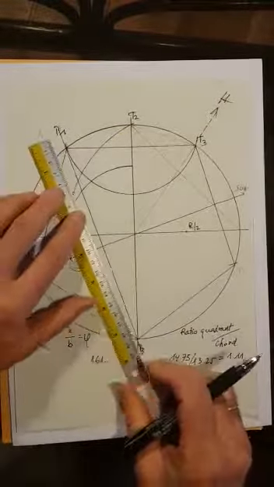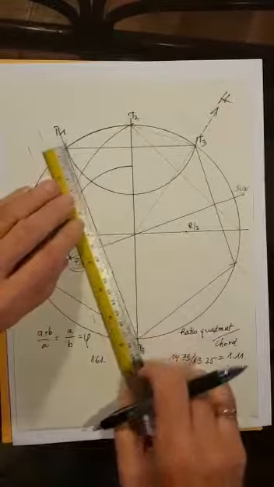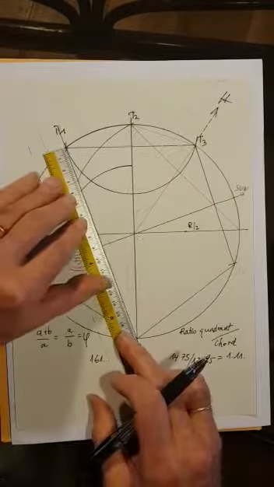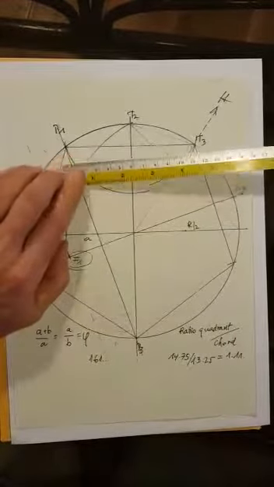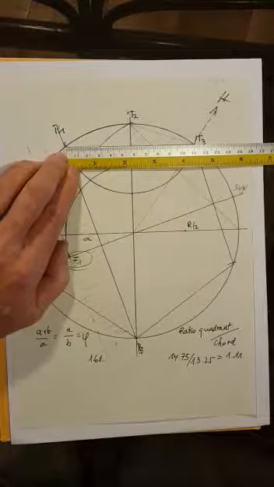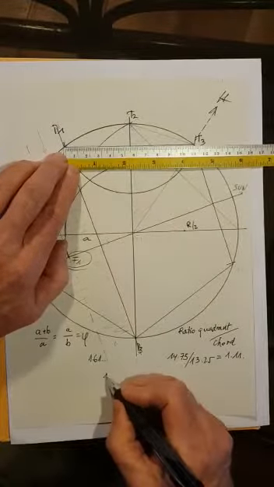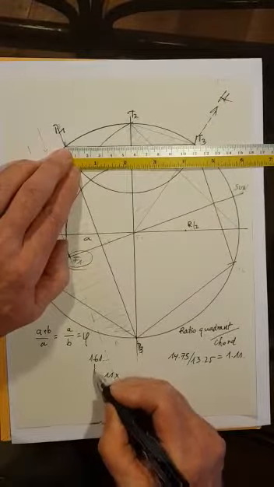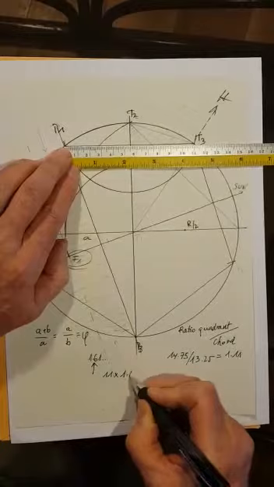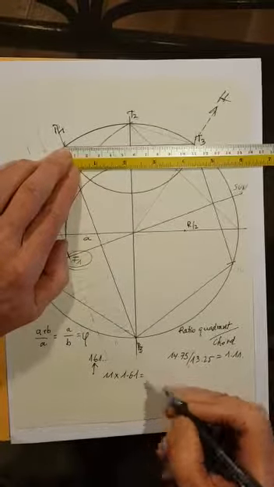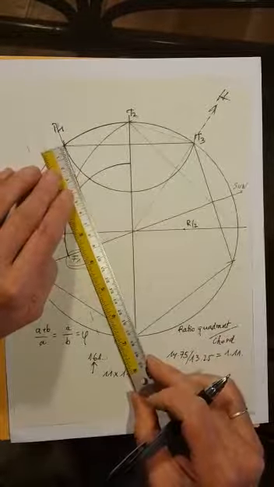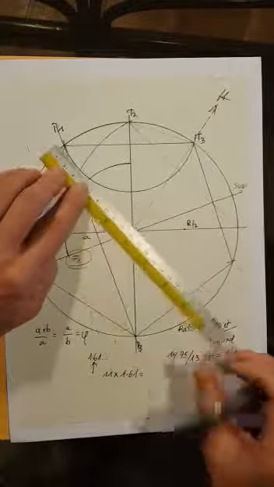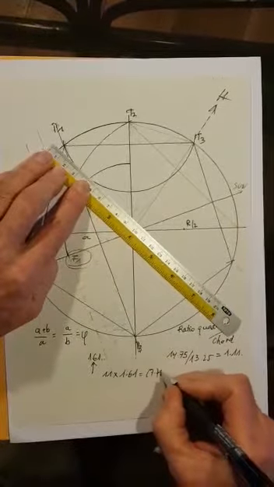Finally, if I measure the diagonal of my parabol, if I multiply one side of the pentagon, 11 centimeters, by the golden number, we will find the length of my diagonal, which is about 17.75.